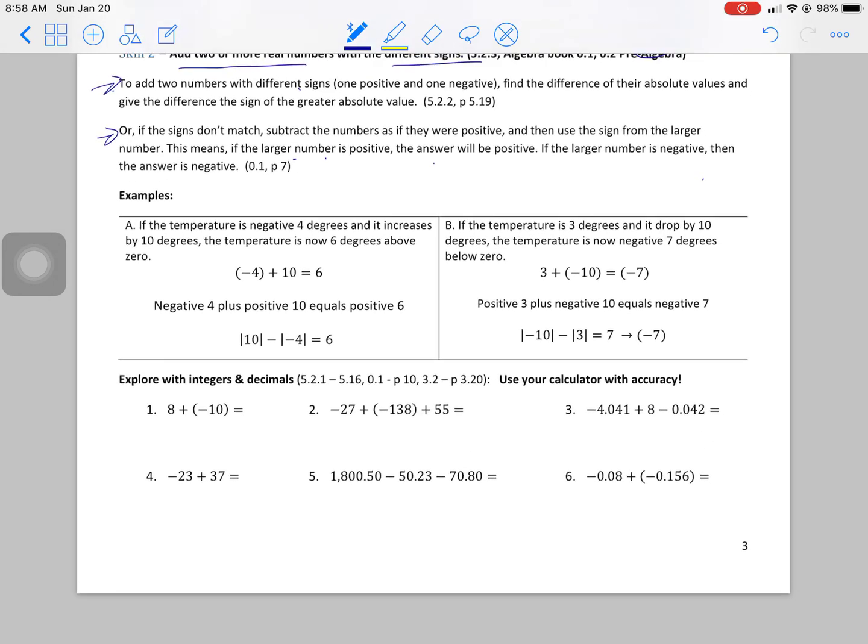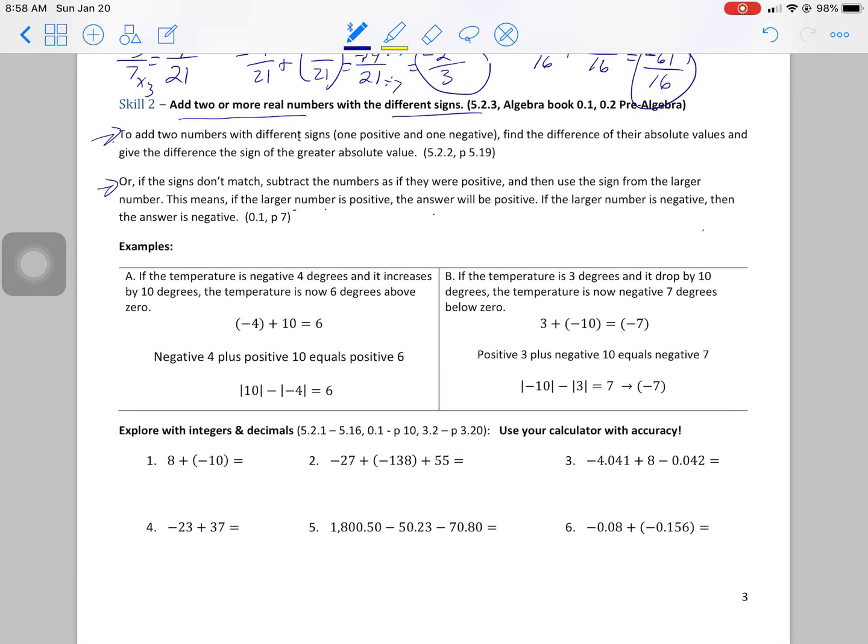So let's look at an example of those. So if the temperature is negative 4 degrees and it increases by 10 degrees, adds, right? So it was at negative 4, then it goes up 10 degrees. You add them, pretend that negative's not there for a second.